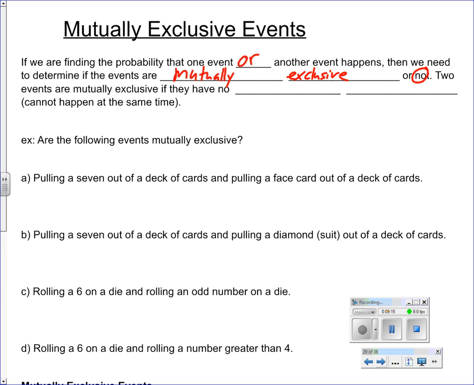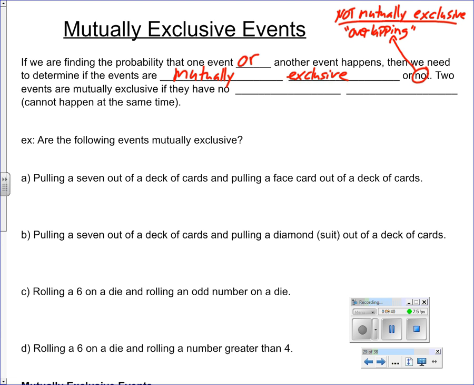And not mutually exclusive is called overlapping. So events are either mutually exclusive or overlapping.